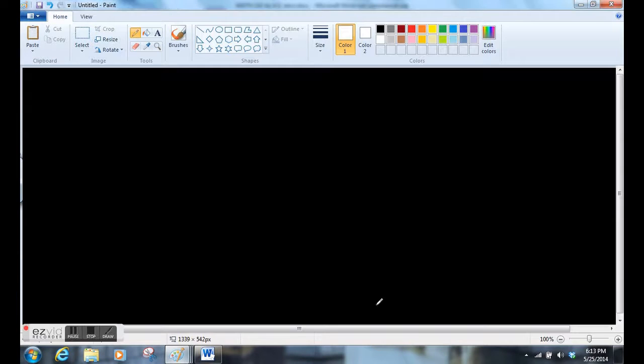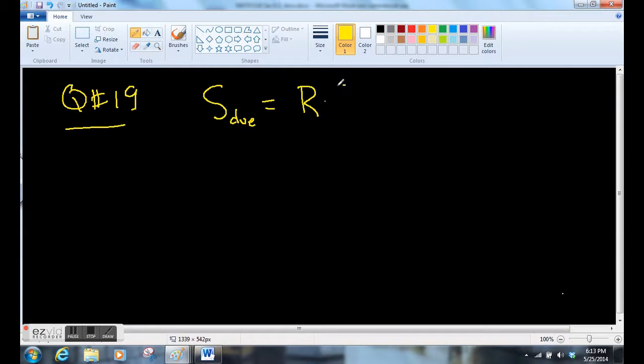Okay, let's do this one. I'm going to use yellow. Come on, yellow. Question 19. So here's our formula. The future value is the total money we'll have at the very end. R is the amount of money we're putting in at the beginning of each month or quarter.